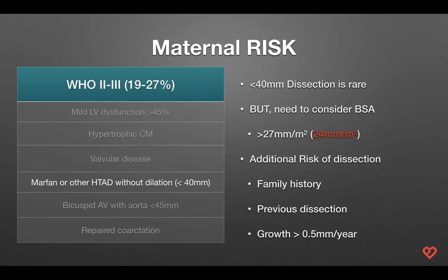So she is 24 millimeters per meter squared. Your risk increases if you're more than 27 millimeters per meter squared. The other thing to always ask your patient is whether they had a family history of dissection, which increases their risk, whether they've had a previous dissection, or whether the growth rate of their aorta is greater than 0.5 millimeters per year.